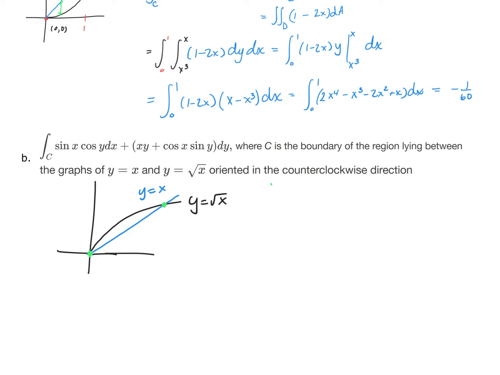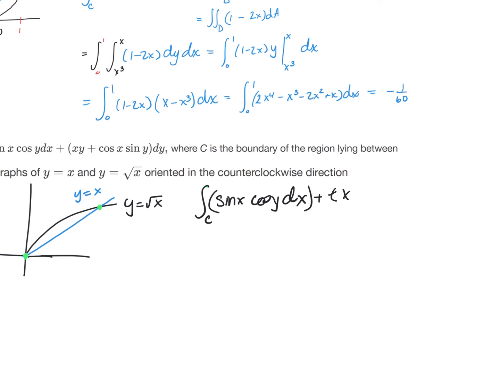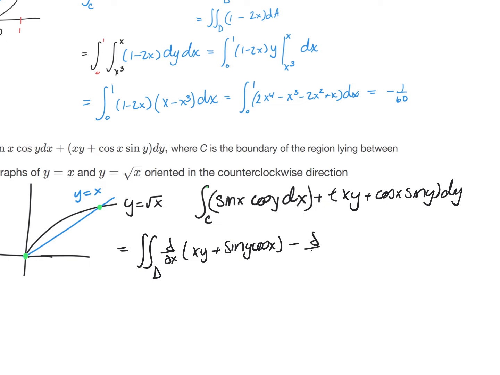So using Green's theorem, the integration along the curve C of the sine of x, the cosine of y dx, plus the xy plus the cosine of x sine y dy can be rewritten as the integration across the region D of the partial with respect to x of xy plus the sine of y, the cosine of x, minus the partial with respect to y of the sine of x, the cosine of y, dA.